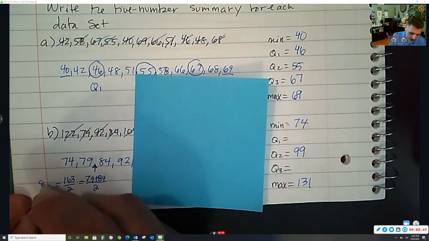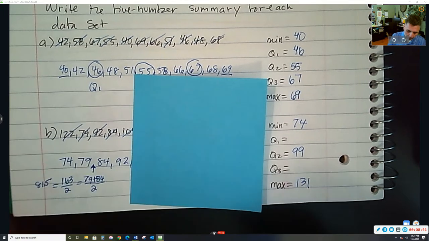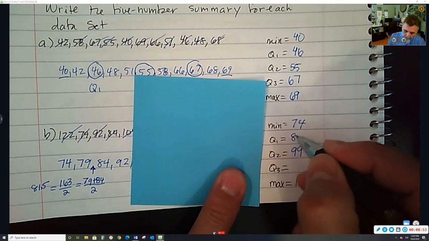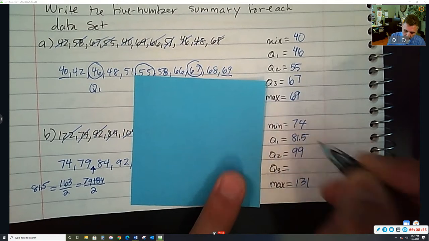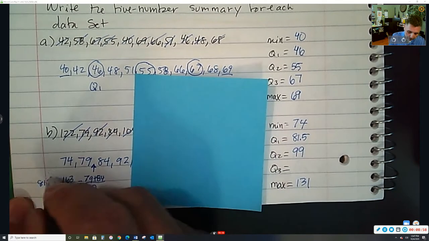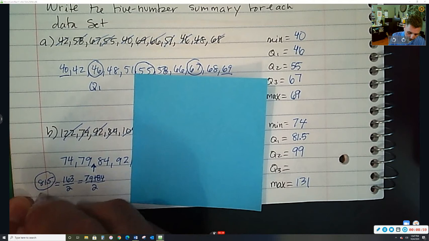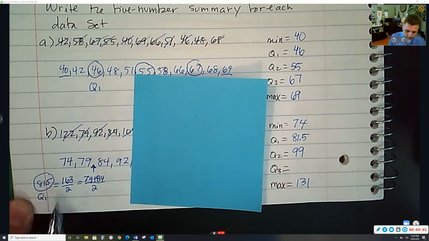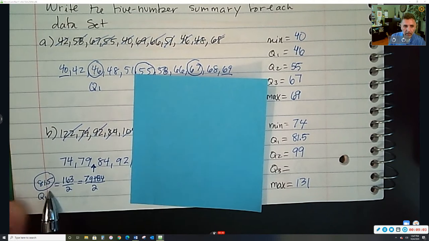When you divide by 2, you get 81.5. Okay, so that is your Q1. And again, sometimes you do get decimals. Just because I got a decimal there doesn't mean it's incorrect. If you get one, don't freak out. It's correct.